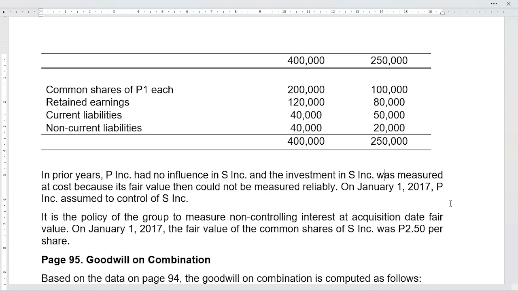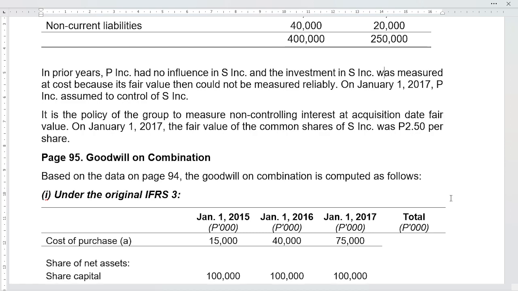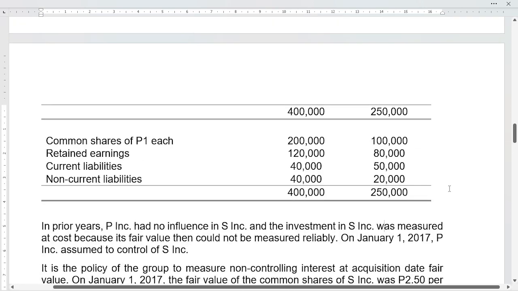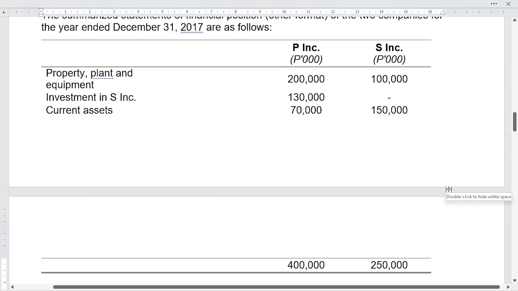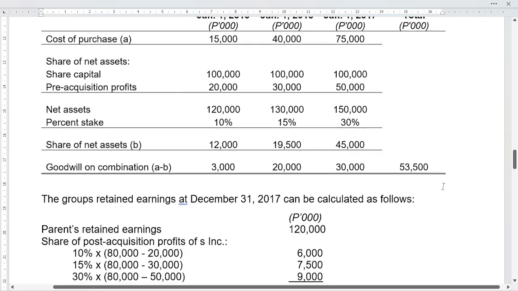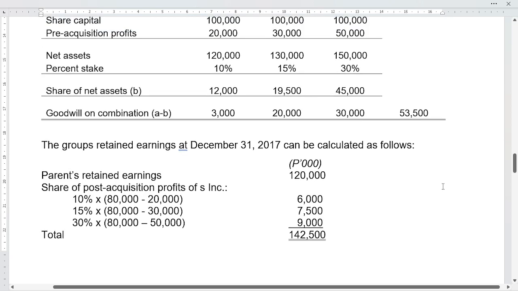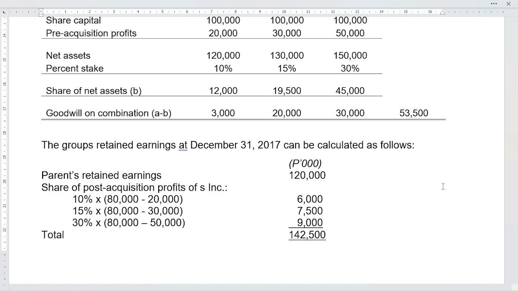So, hanap pa tayo dito ng, itaas mo ng kaunti. Baba pala. Yan. The group's retained earnings at December 31, 2017 can be calculated as follows.